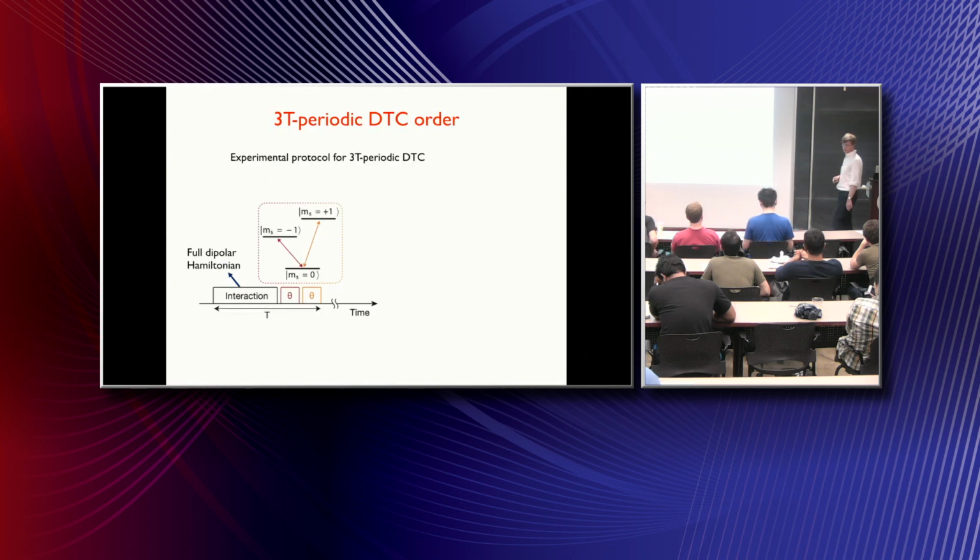This is, for instance, an example where you have a 3T periodic time crystal. In this case, you simply apply 2 pulses, with the system interacting with the full dipolar Hamiltonian, which connect these 2 states and these 2 states sequentially.